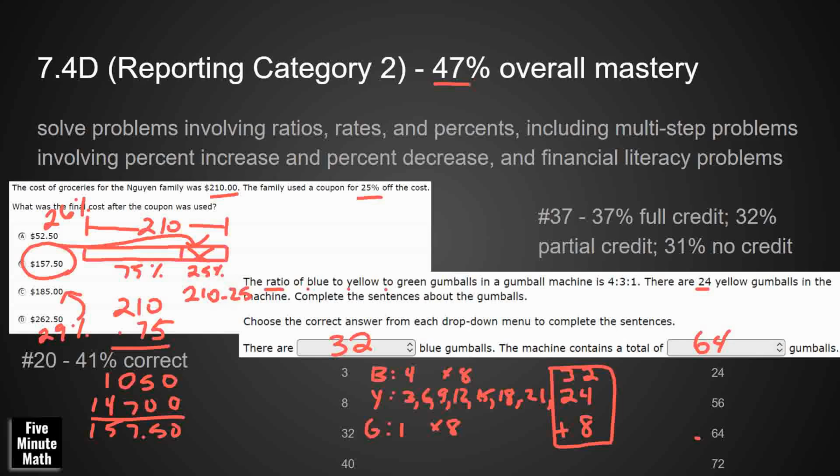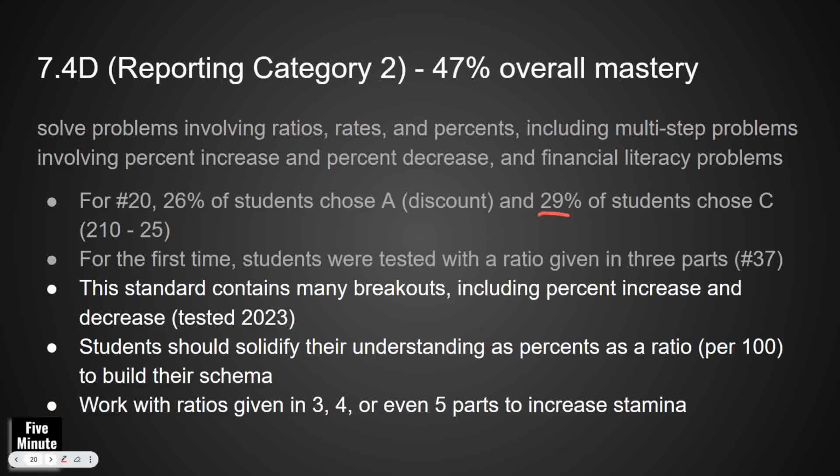I mean, that didn't even make sense. Why would we subtract 25? If we were going to do anything, we would subtract 0.25 because that's the decimal. So we've got a sizable chunk of students, this 29% here, that are still confused as to how even percents and decimals work, let alone percent off. So that's a misconception we need to think about.